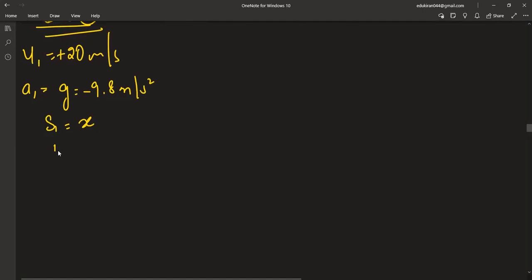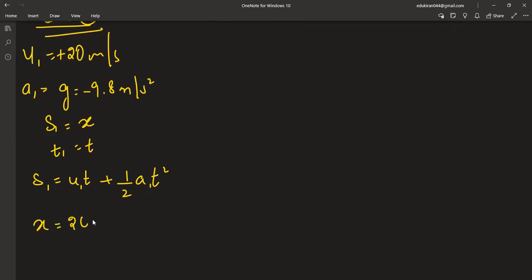And what else? Time we have assumed to be t. So if you use the equation S equal to ut plus half at square, with S1, u1, a1, this becomes X equal to 20t minus half 9.8 t square. Right? This is what we have obtained.